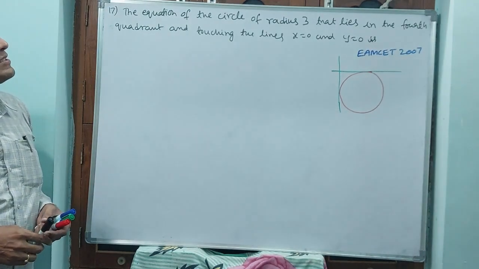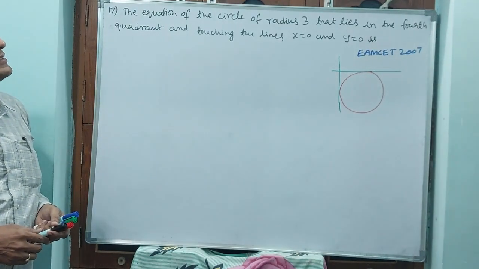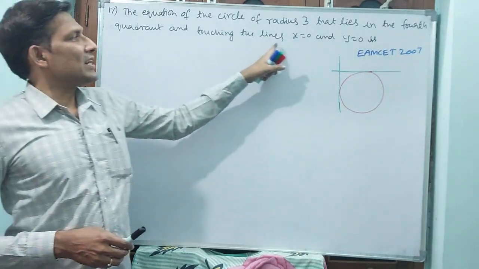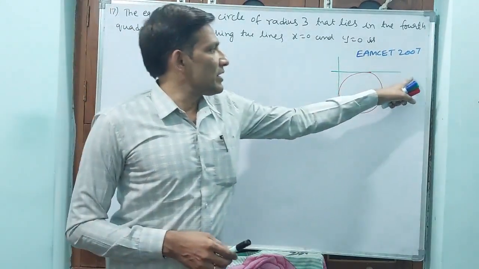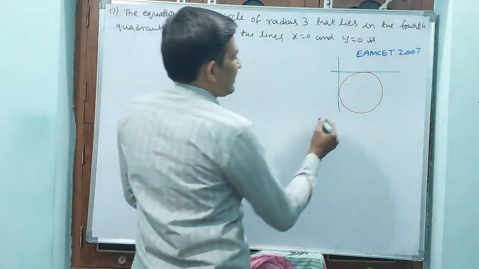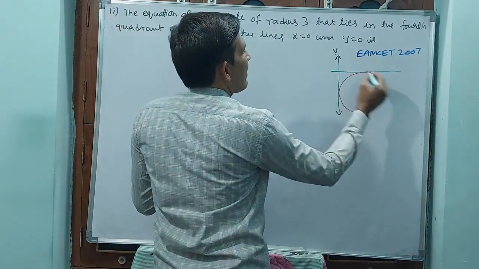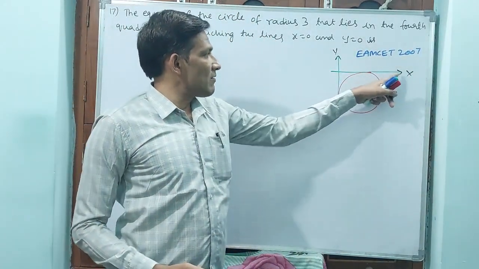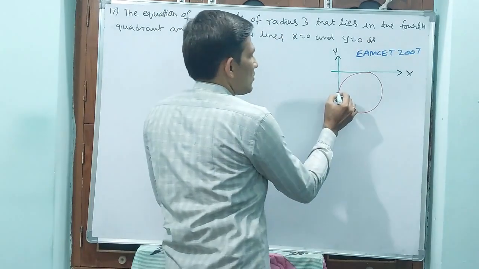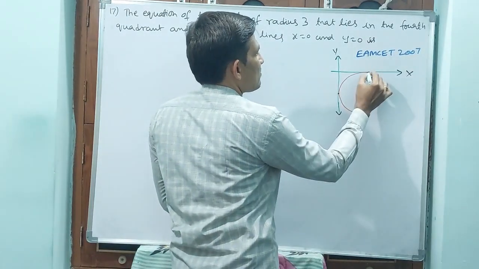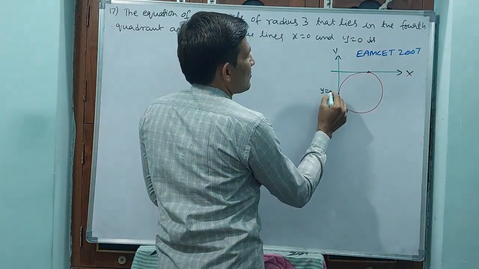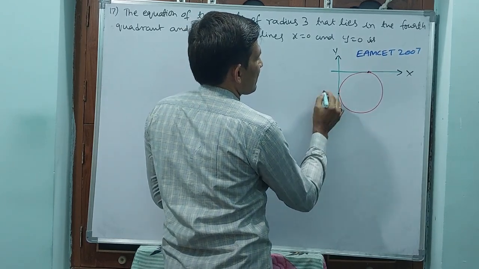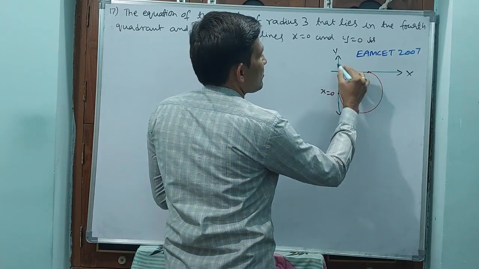Why have I written touching the x line and the y line? Touching the lines x is equal to 0 means the y line, and y is equal to 0 means here. This point, here y is equal to 0. Sorry, x is equal to 0 at this point.